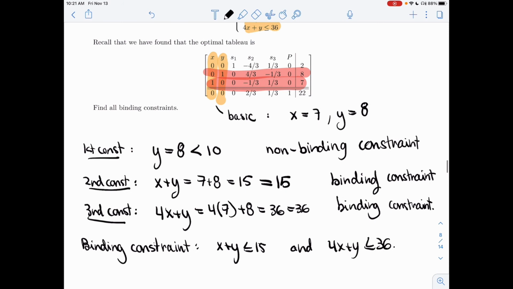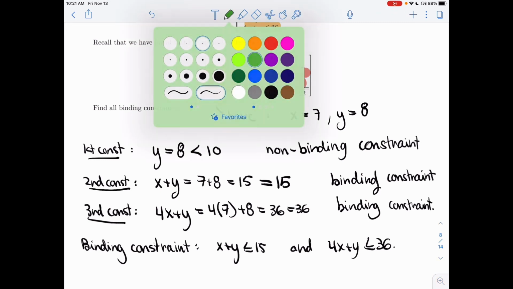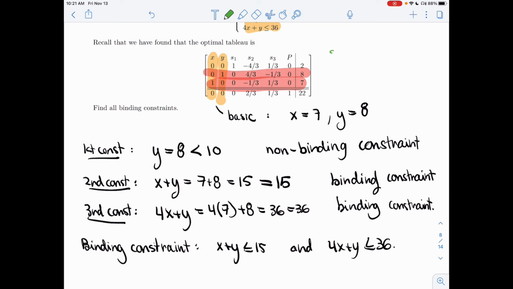Let's look a bit more at this so that we could find an algebraic way of getting this that doesn't involve re-looking at each constraint equation separately. Here, S1 is equal to 2. It's a basic variable. And notice that 2 is how much is left over. That's how far I am from the maximum value of 10.